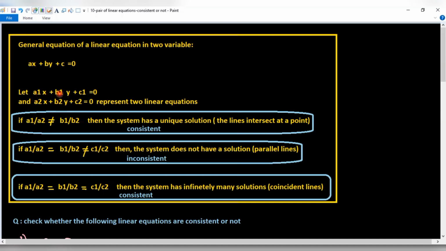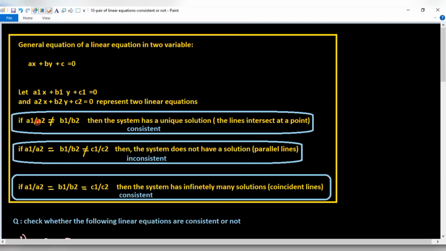First one is a1x plus b1y plus c1 equal to 0. Second one a2x plus b2y plus c2 equal to 0. If these are the two given equations, we will check their consistency by the ratios a1 by a2, b1 by b2 and c1 by c2.